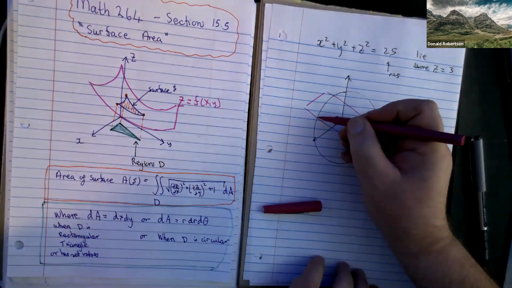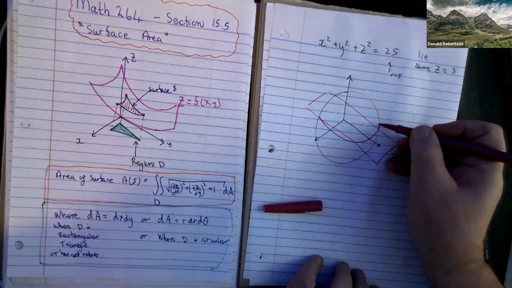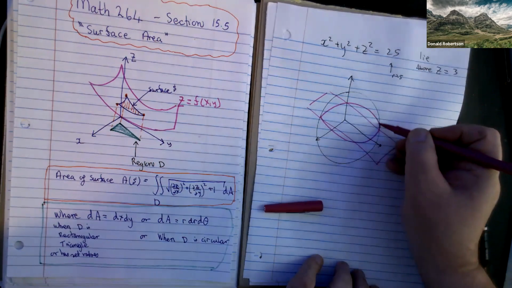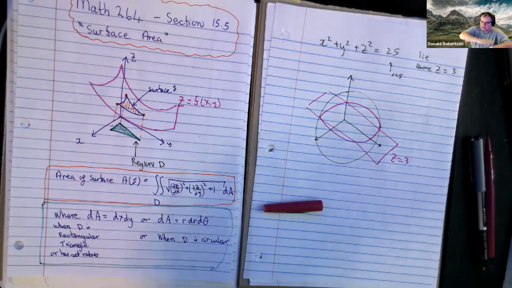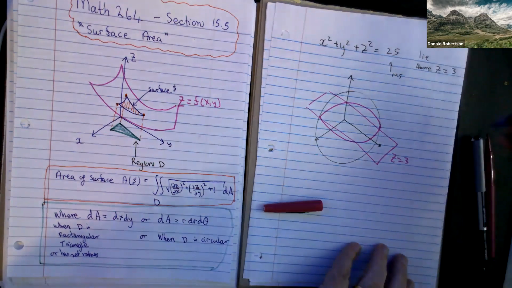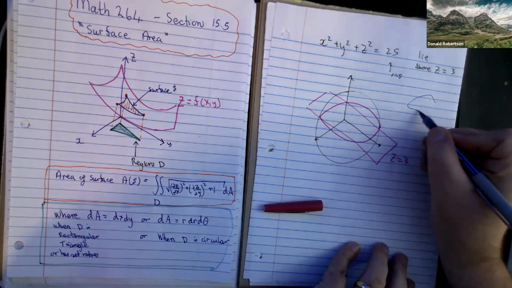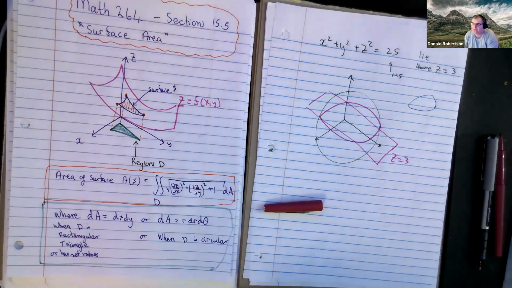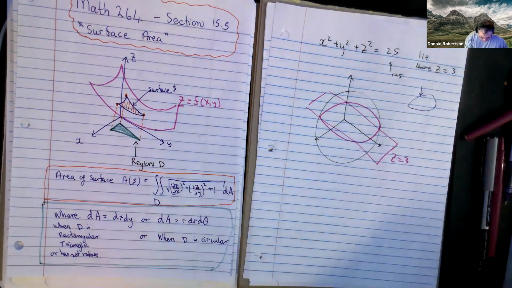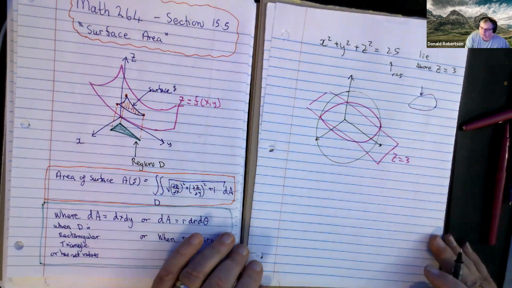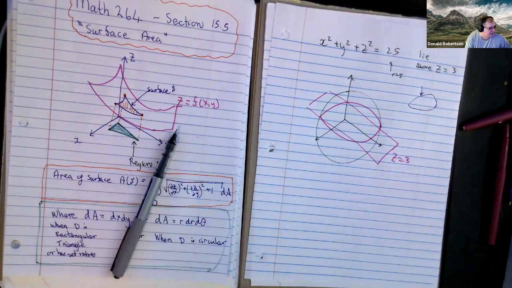When that guy cuts this sphere, do you see that you get a piece of the sphere? You can imagine you got an orange, but you didn't cut it through the middle. You cut it 2 inches above the middle. Wouldn't you have a little baby, not half a sphere, but a shape that looks more like that guy? That's the surface we're going to calculate.